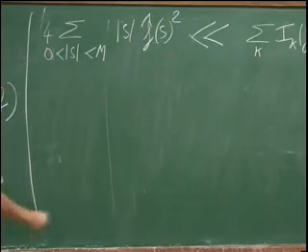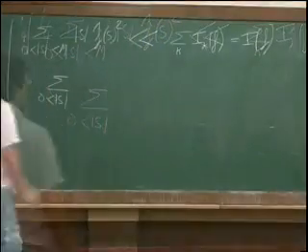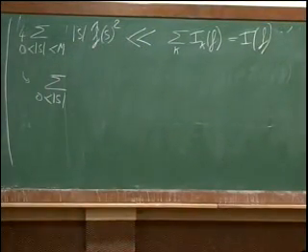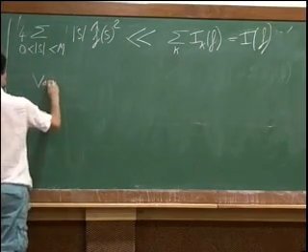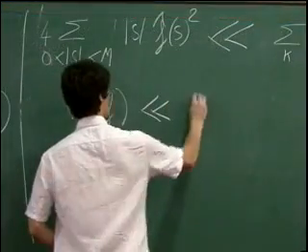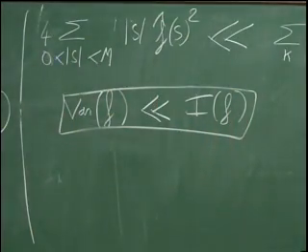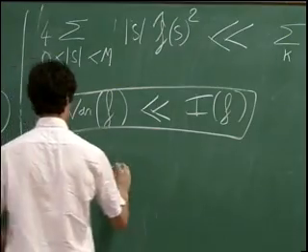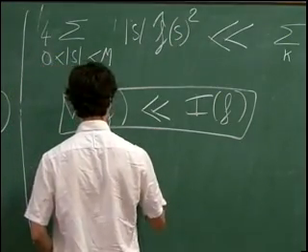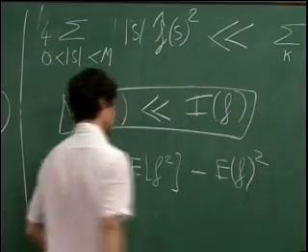So in particular, it gives that, because remember, maybe before that, remember that what we want to prove is that the variance of f is much smaller than the total influence. This is the goal. And what is the variance of f in terms of the Fourier coefficients? Well, variance of f is the expectation of f squared minus the average of f squared.